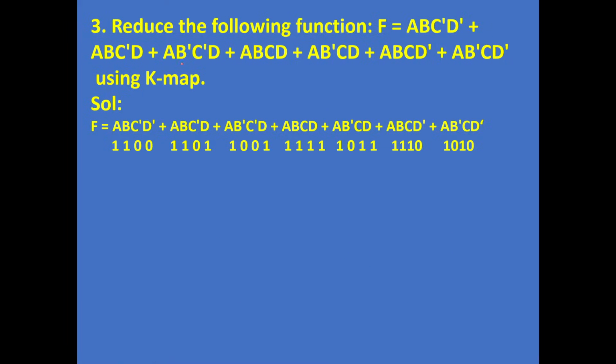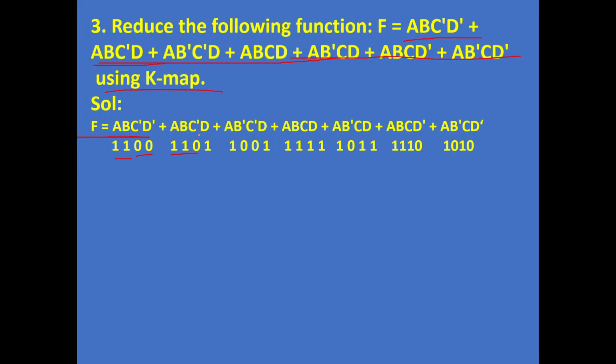So just write down this expression which has been given. You can write it down after the session, when you have time. Now leave it. Here, A B C bar D bar: A, B means 1, 1, C bar D bar 0, 0.